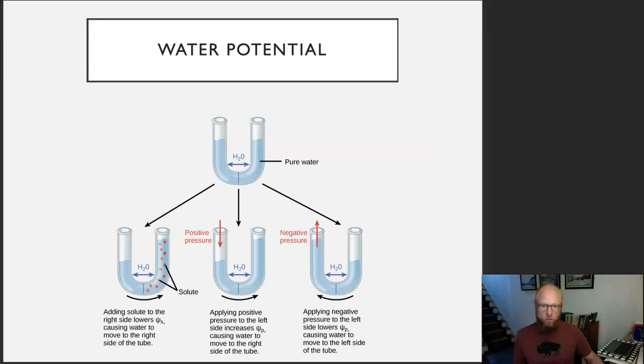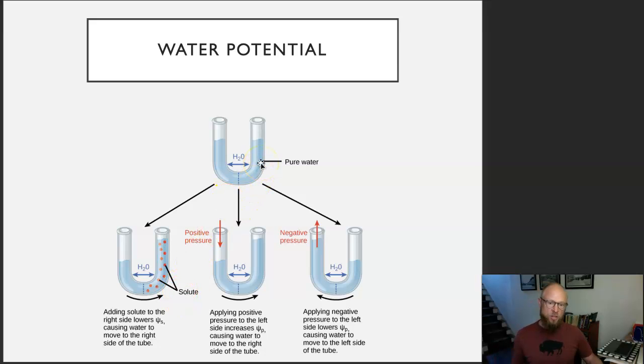So you've probably seen in other classes a diagram that looks something like this. So this can help us understand the potential energy of water. So in this upper tube here, this U-shaped tube, we have pure water. And this little dotted line here represents a semi-permeable membrane. And in this case, it just represents a membrane where water can move through, but nothing else can.